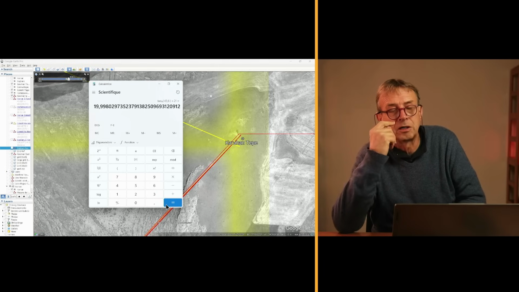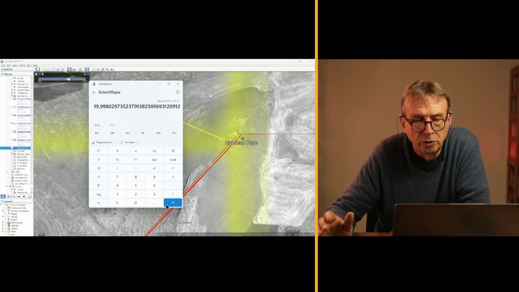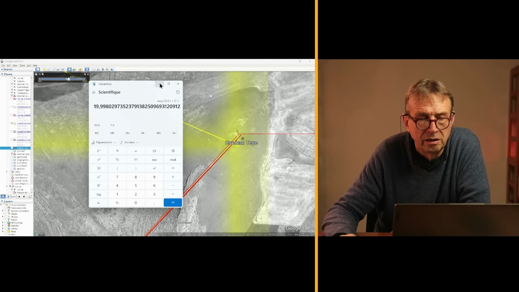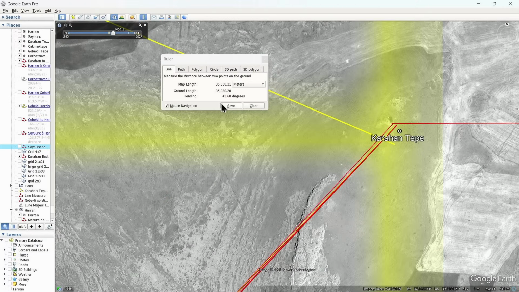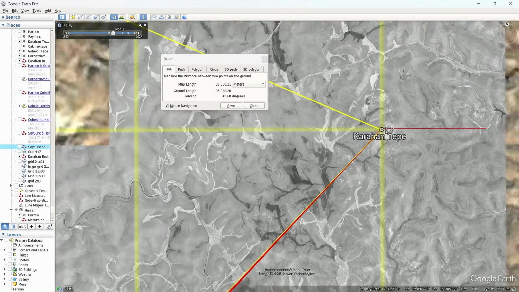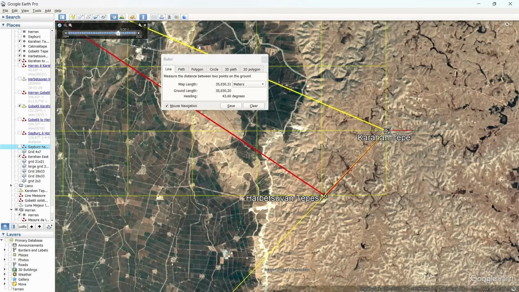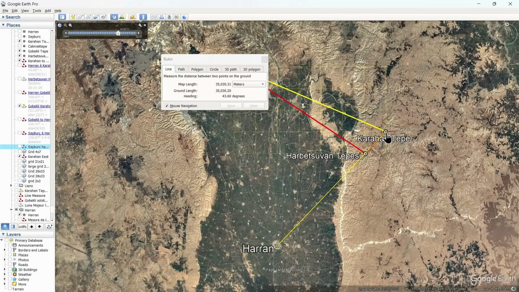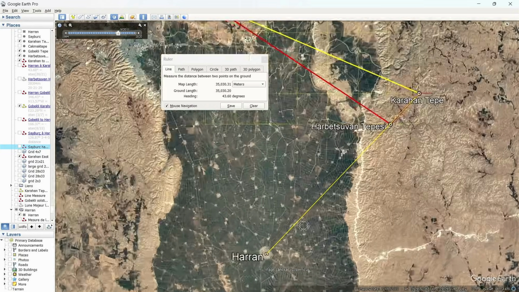Okay, so this shows that 43.6 degrees is the exact angle of this Pythagorean triangle, 20, 21, and so 29 units on the hypotenuse, so 29 units between Karahan Tepe and the center of the square in Harran.